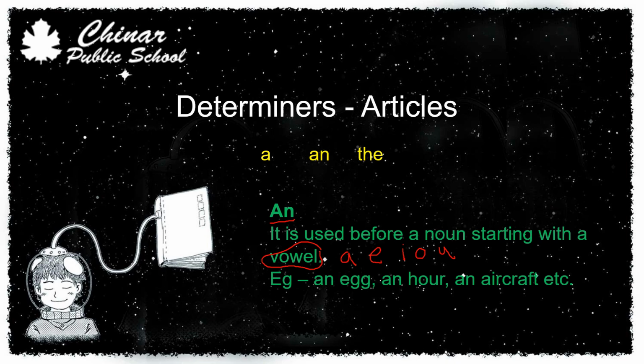That is a singular noun, not a plural. For example, an egg, an aircraft. Now you see, I have also written an R. Let's go on to the next slide to understand this.